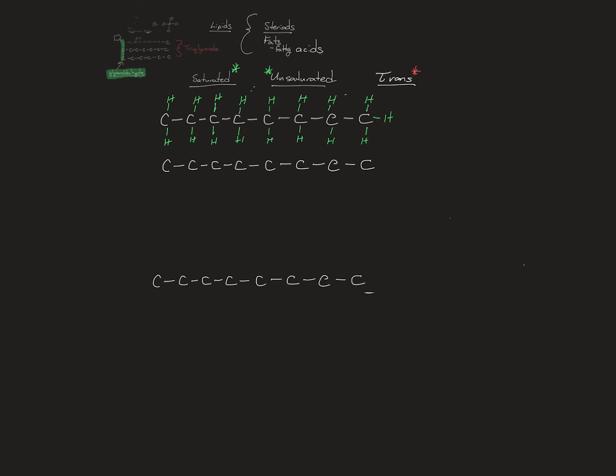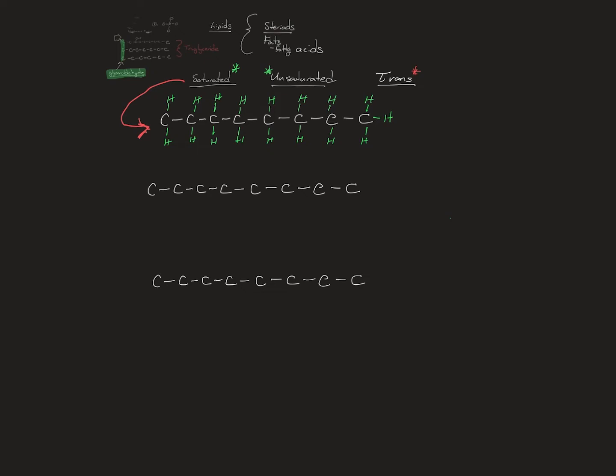Do you see how this has all single bonds? That means every bond is either bonded to a carbon or it's bonded to a hydrogen. We call this a saturated fatty acid. That's saturated. That means that every bond is either to a carbon or a hydrogen.